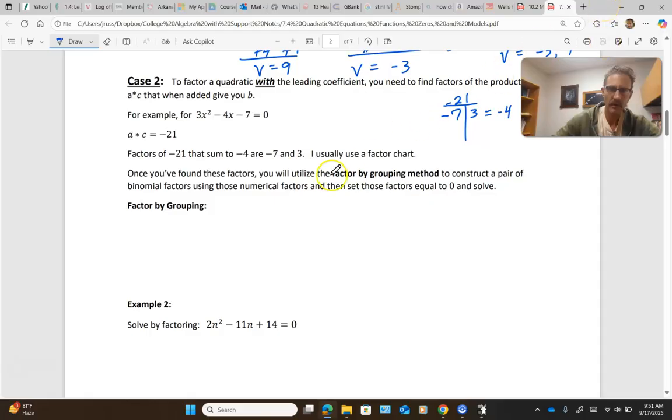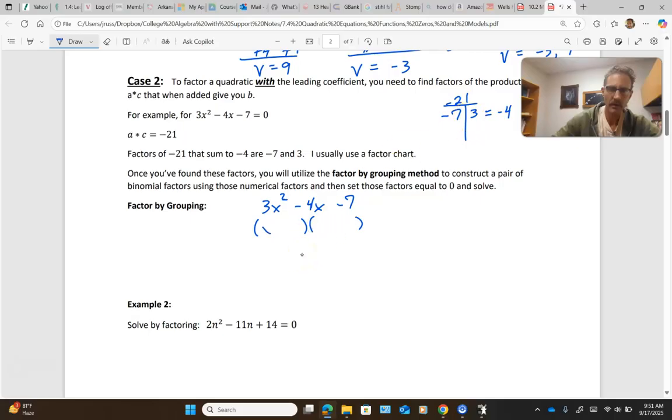So where do we go from here? To factor something like this, let me rewrite it real quick. You forget about the equals 0 part for a moment because you're just working on factoring this one. These factors are going to be binomials, and they will involve these two numbers that we just found, negative 7 and 3.